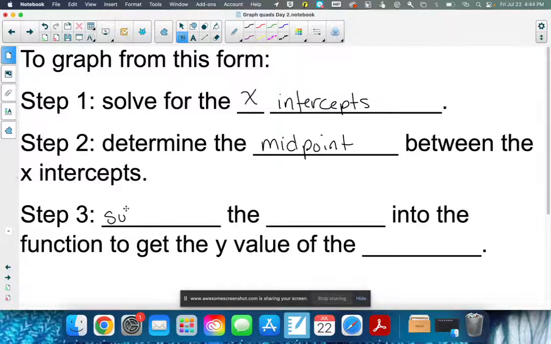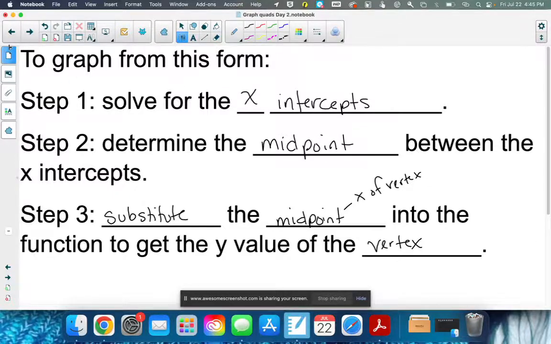Then you are going to substitute the midpoint, which is going to be the x value of your vertex, into the function to get the y value of the vertex. Remember, we talked about these being symmetric.